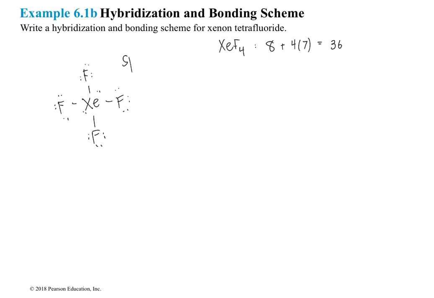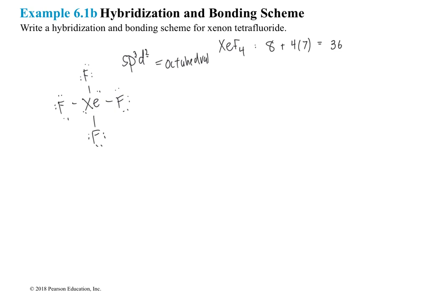So we have 6 domains, which is going to be sp3d2, right? 1 from the S, 3 from the P, 2 from the D. So how to draw this, right, this is octahedral. And we have 2 lone pairs, meaning we'll just do those on the top and the bottom.